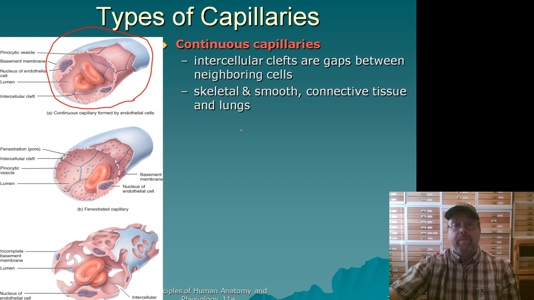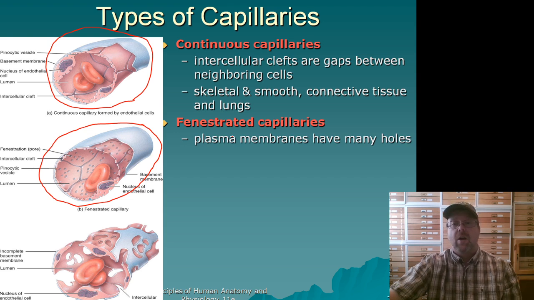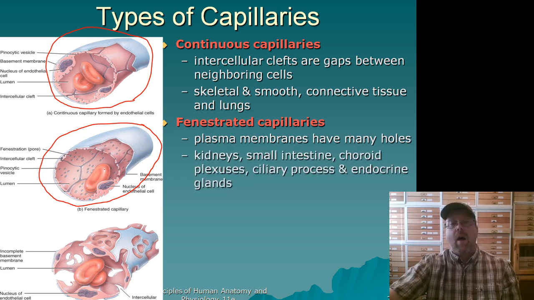Now, the next one is called a fenestrated capillary. Fenestrated capillaries, look, it has little holes in the endothelium. And these fenestrated capillaries contain these things called fenestrations, which are holes. Now, we can move larger molecules through these fenestrations. So if we need to move larger products in and out of the cell, then we can do that with these fenestrated capillaries.